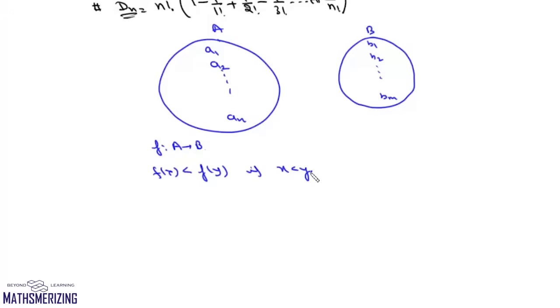If it is strictly increasing, we know that this function has to be a 1-1 function.